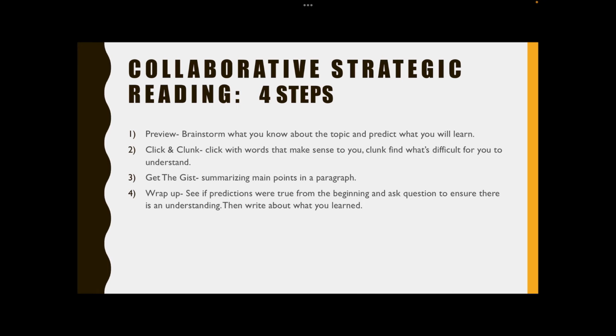A question example would be you would ask your friend, what color did it say that penguins' fur is? And your friend would answer based off what they learned from the reading. And then after that, you're going to write about what you learned.